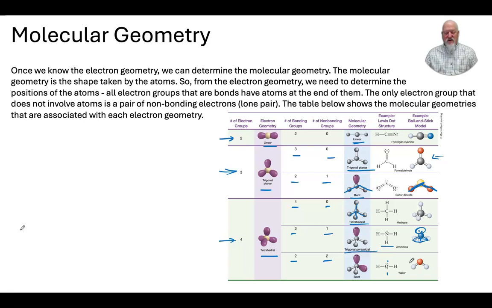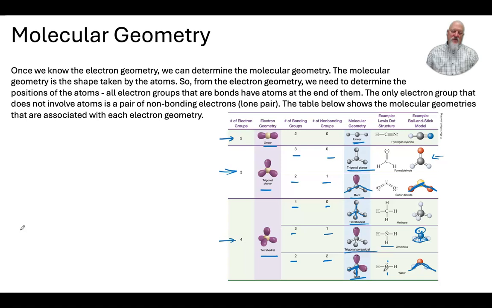Tetrahedral electron geometry. The molecular geometry again is just where the bonds are. So in this case, 2 of them are bonds in the tetrahedral and 2 are lone pairs. We would depict it like this, and that's bent. It's not linear, they're not straight across from each other, but they're bent.